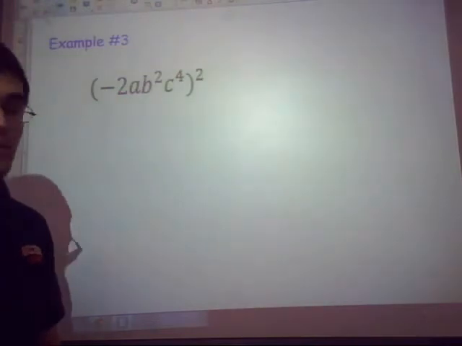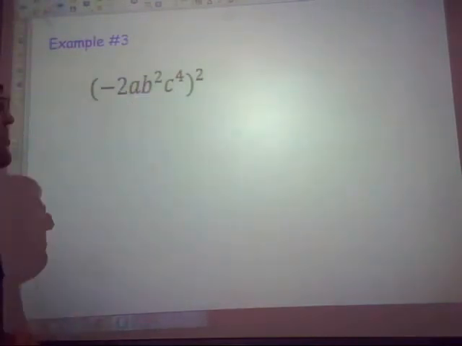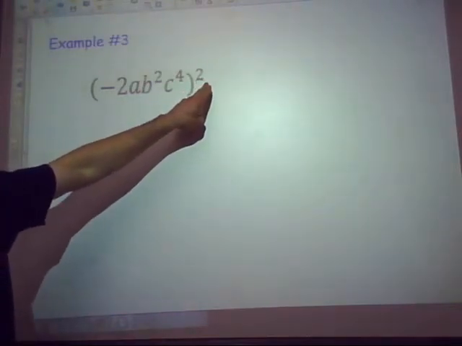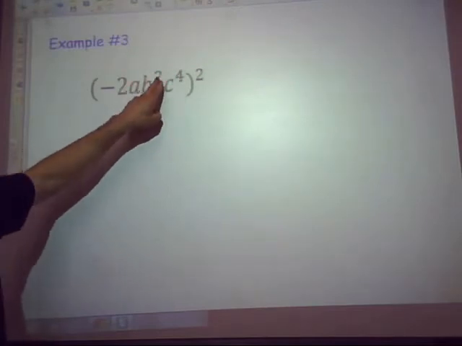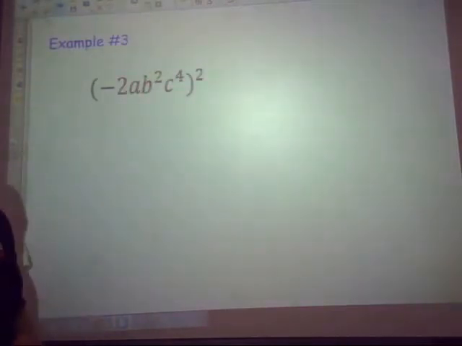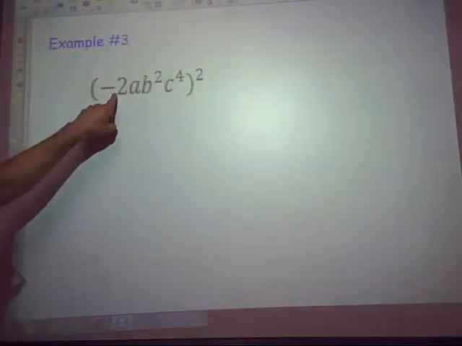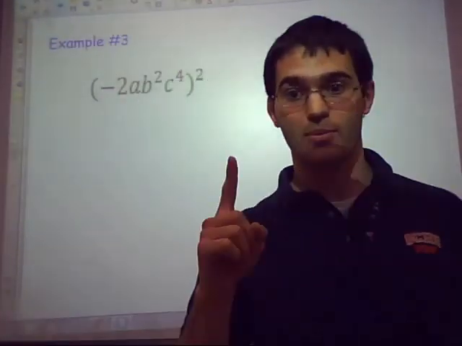Our third example has more than one variable. And you see that the exponent outside the parentheses is a 2. So what we need to do is multiply all the exponents inside the parentheses by the 2. One important point, if you have a term like the negative 2 that does not have an exponent, we know that the actual exponent is an invisible 1.